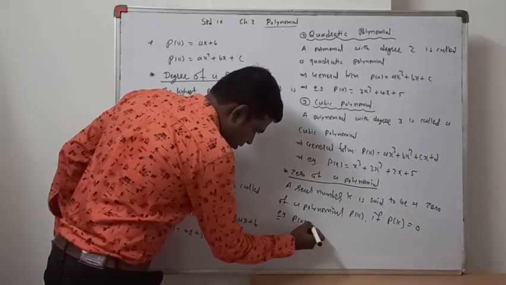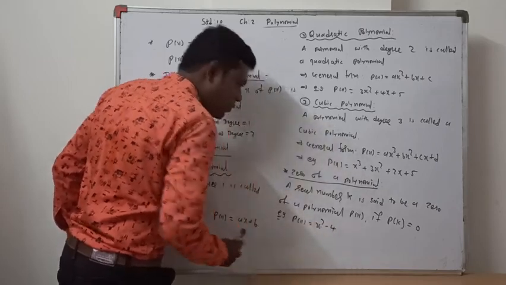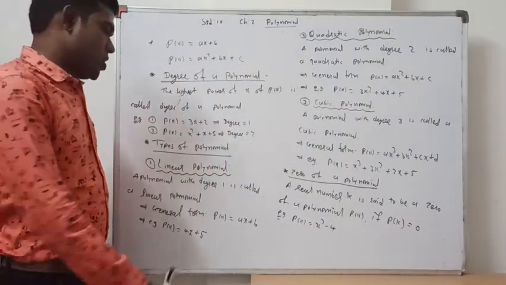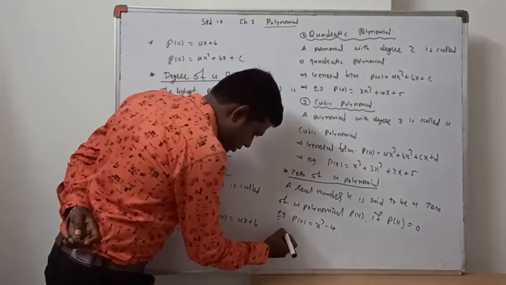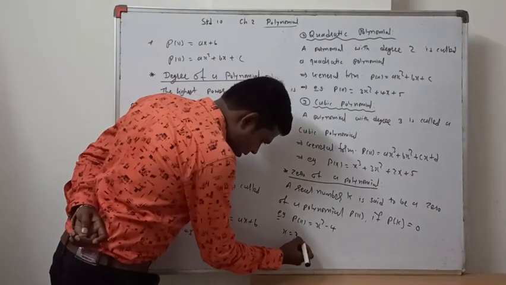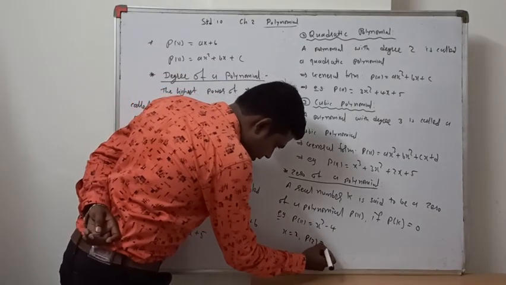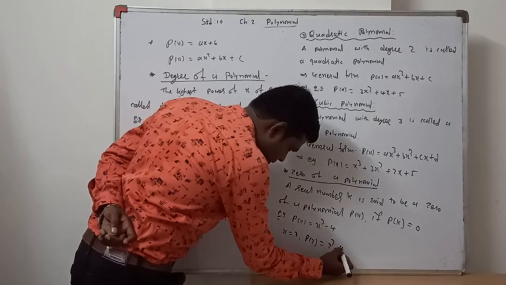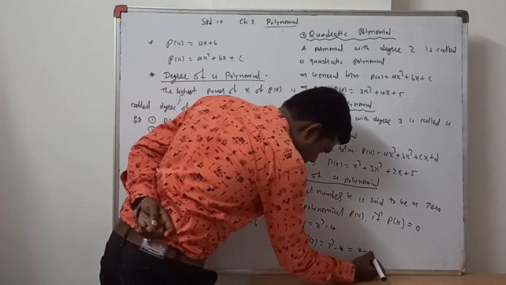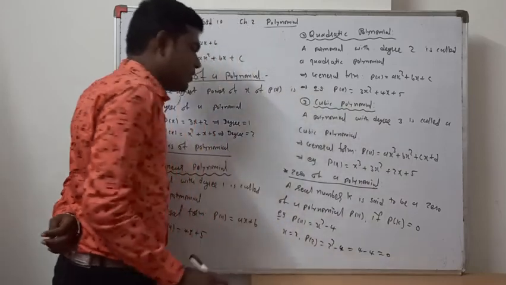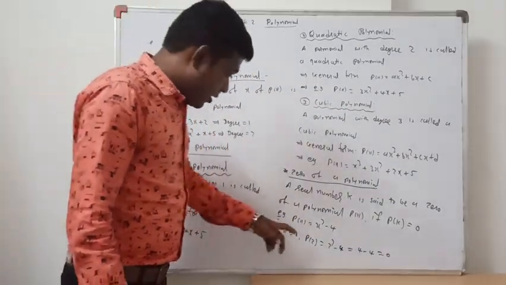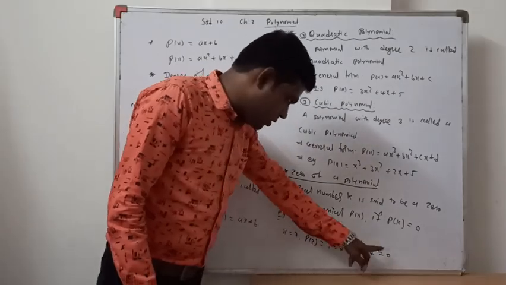Suppose p(x) equals x square minus 4. In that, if we take x equals 2, then p(2) equals 2 square minus 4, that is equals 4 minus 4, that is equals 0. Means if we put 2, then the answer is 0.